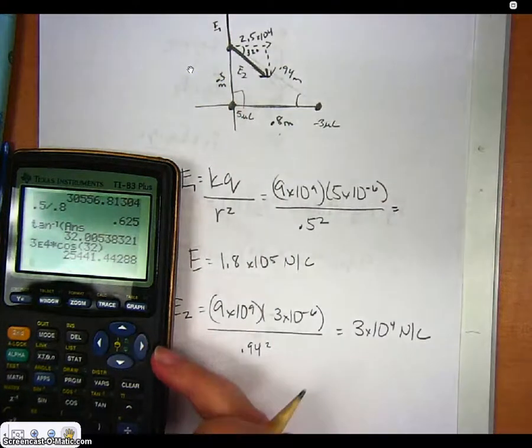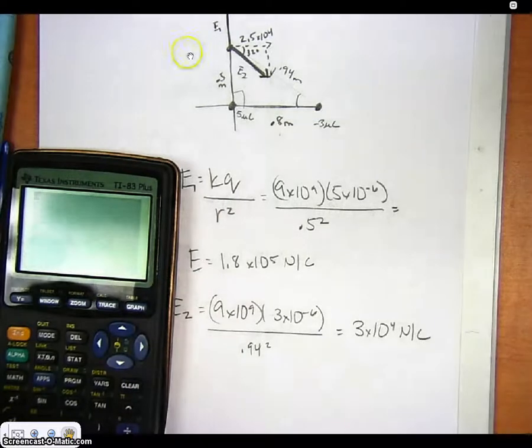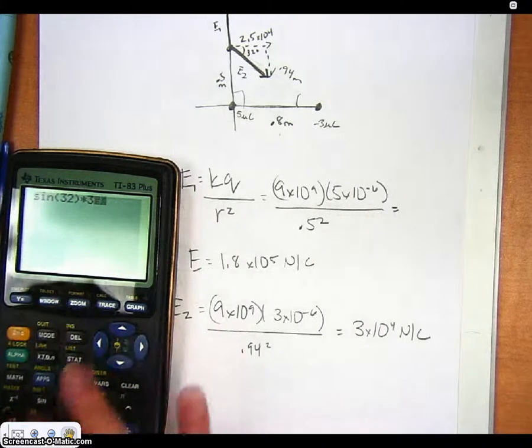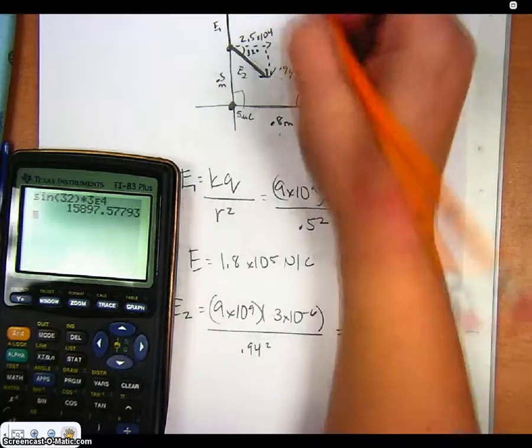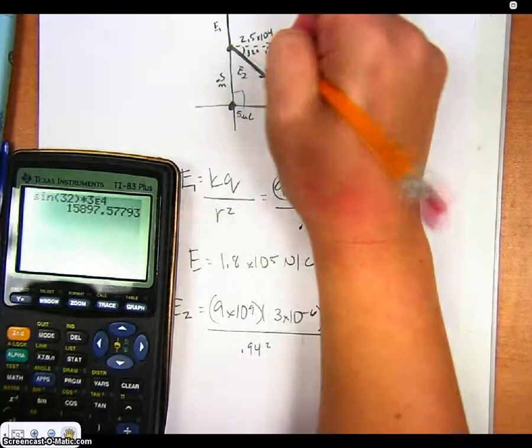That's for the adjacent. Then we need to do the opposite: the sine of 32 times 3e4, and that gives me about 1.6 times 10 to the 4th.